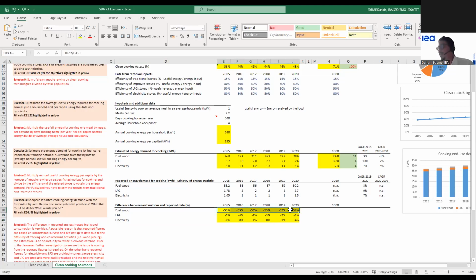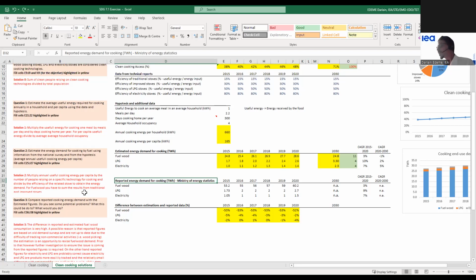On the other hand, fuel wood is really different, because we see that the estimated energy demand for cooking is actually 53% lower with respect to the reported energy demand for cooking. So this is a very important aspect that you have to take into consideration.